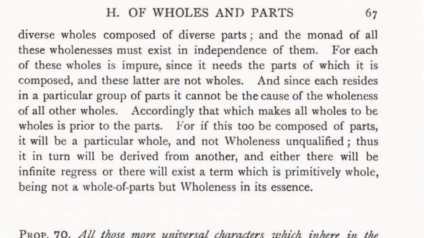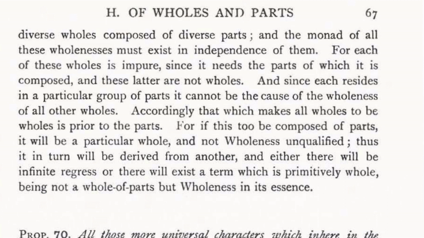And so he goes on to say, "For each of these wholes is impure, since it needs the parts of which it is composed, and these latter are not wholes. And since each resides in a particular group of parts, it cannot be the cause of the wholeness of all other wholes. Accordingly, that which makes all wholes to be wholes is prior to the parts.